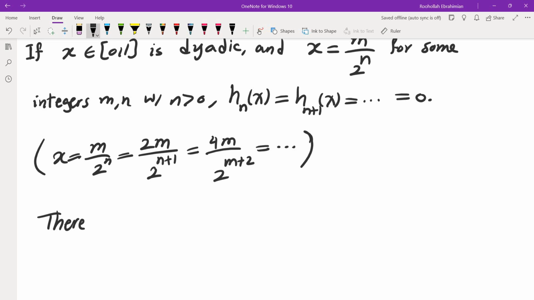And therefore, if you take the limit of that, it would be 0. Limit of the hn of x.